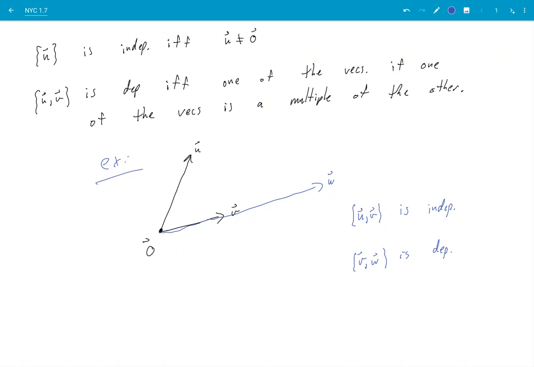Okay, so dependence, I guess not always, but dependence looks like this. We'll say often. Okay, one vector is a scaling of the other one. You could also have something like W, 0 is dependent. Don't forget about that case.